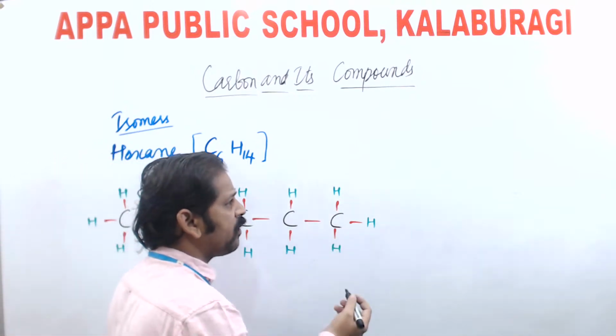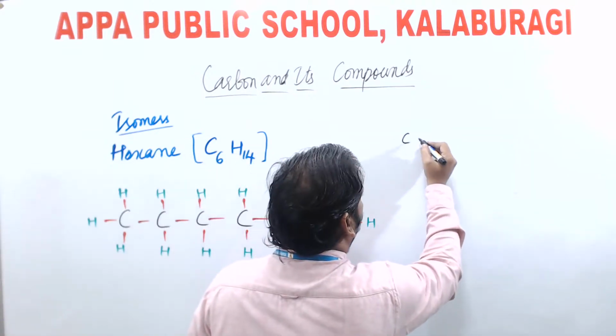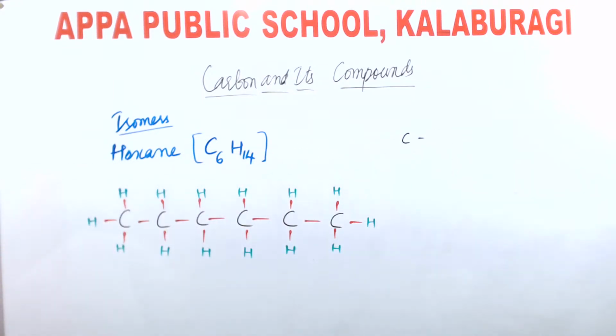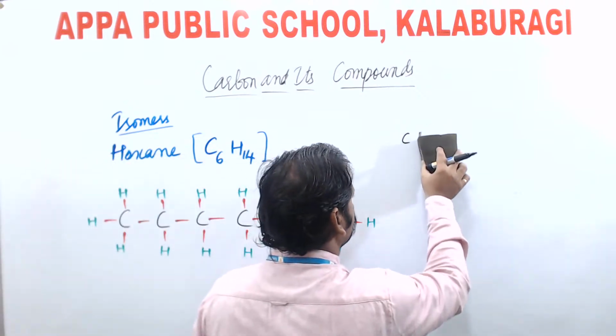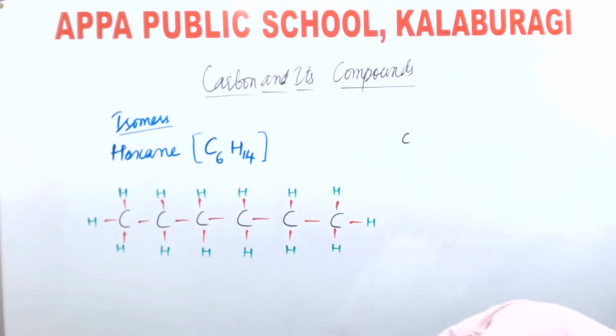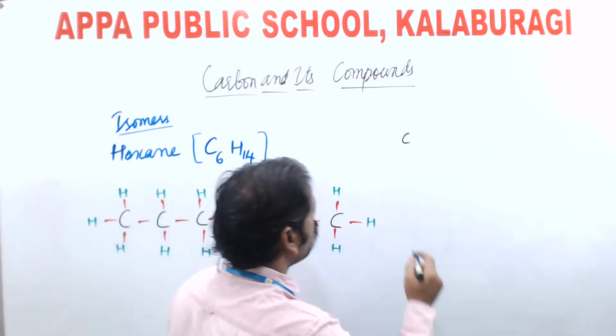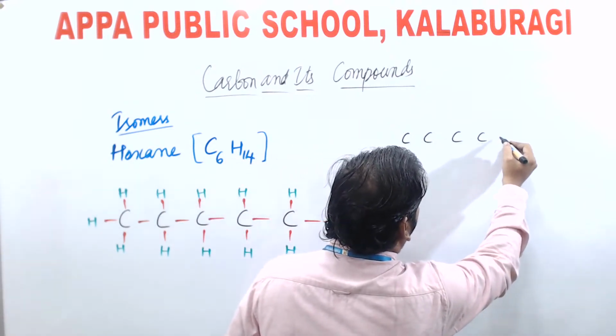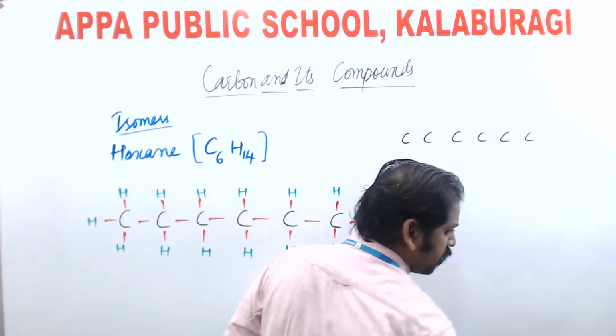The number of carbons is 6: 1, 2, 3, 4, 5, 6.